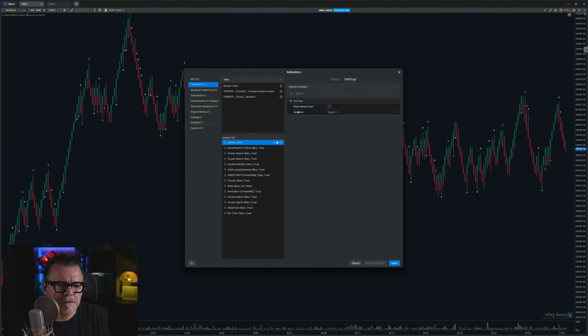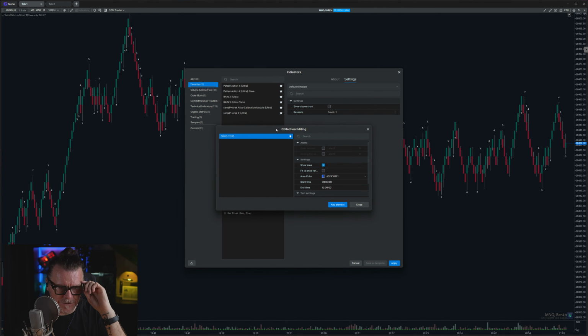Session color, and session color. What is it? Session color count.